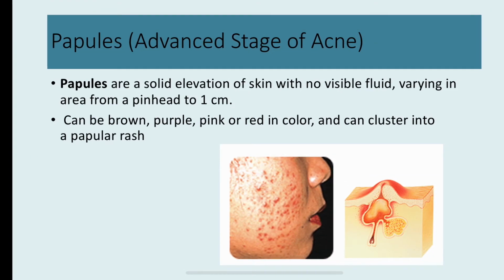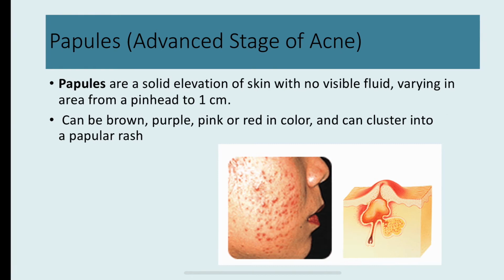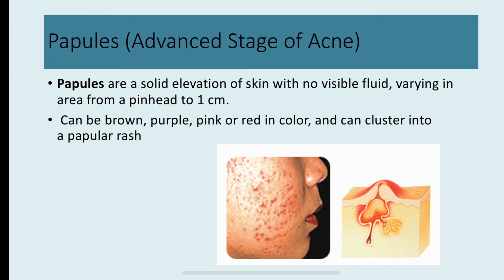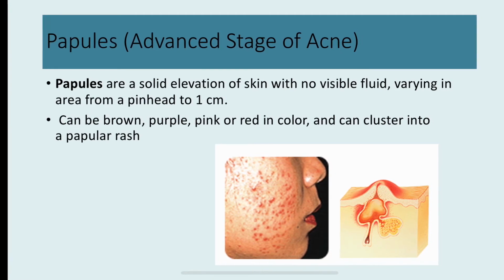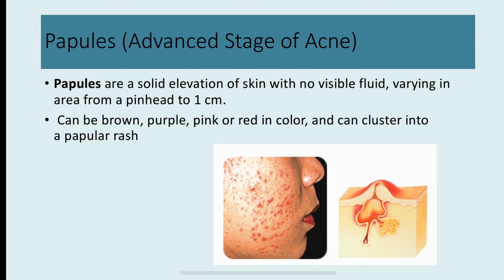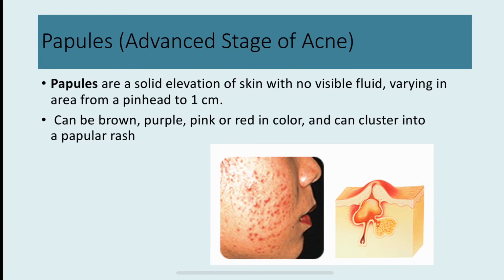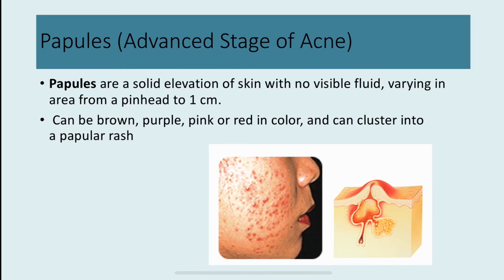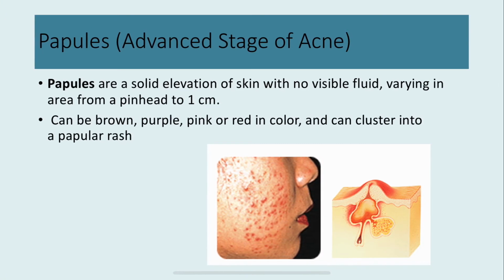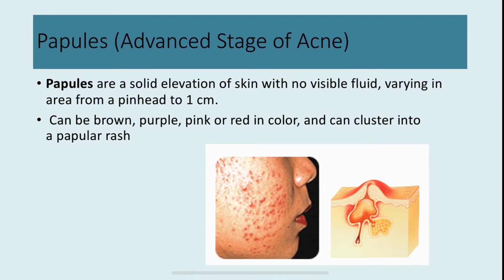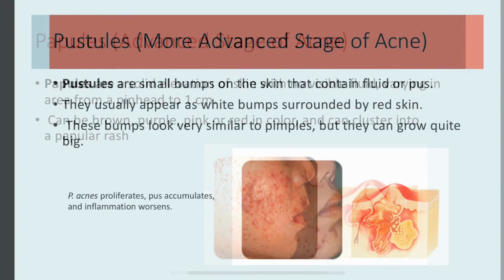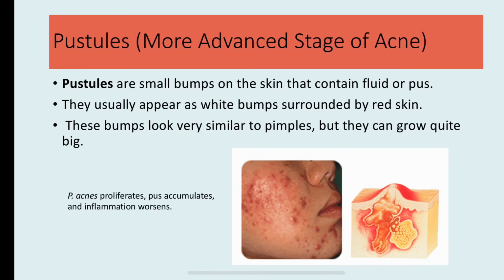Papules is the more advanced stage of acne and are a solid elevation of skin with no visible fluid bearing an area from a pinhead to 1 centimeter. They can be brown, purple, pink, or red in color and can cluster into a papular rash. Pustules is the more advanced stage of acne.